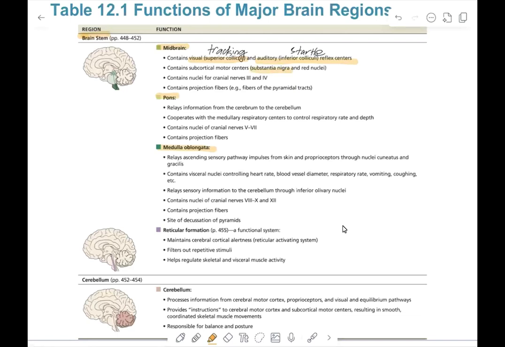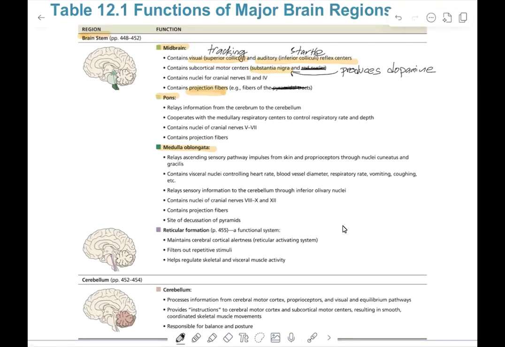We don't need to know the red nuclei, but the substantia nigra, what's important about it is that it produces dopamine. So it's a problem in diseases like Parkinson's. And it contains projection fibers. Remember, I told you you do not have to know the pyramidal tracts.